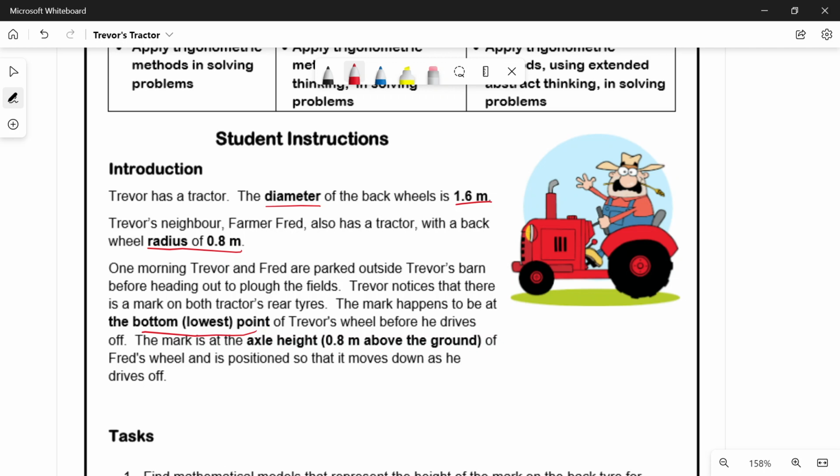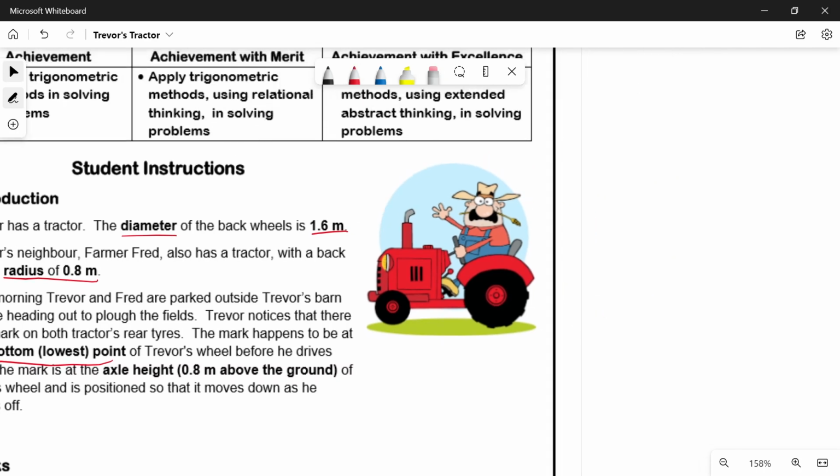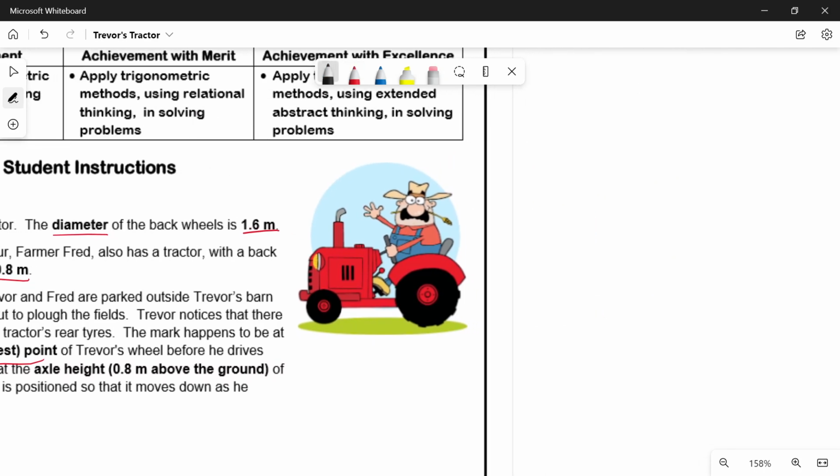So I kind of want to picture that. If I were to draw a wheel, if we call this Trevor's wheel, the mark is here. Whereas Fred's wheel, well, if we follow the way he's going, the mark is here, because when he moves forward, this mark will move down.